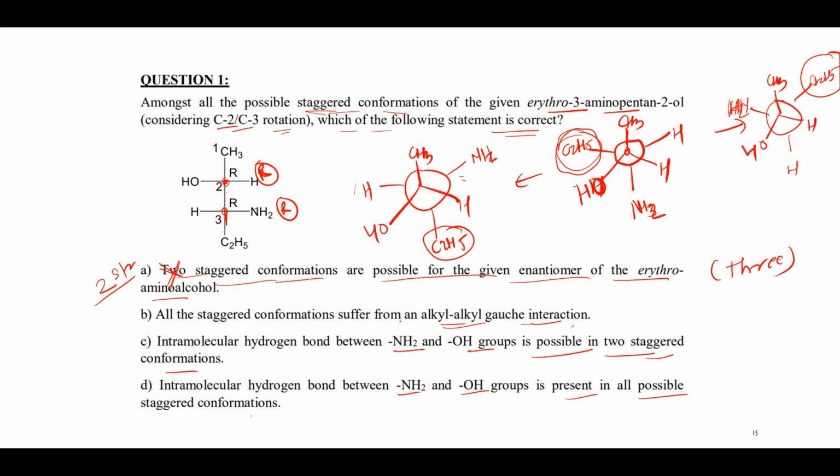All staggered conformations suffer from alkyl-alkyl gauche interaction. So alkyl-alkyl gauche interaction means, here, which are the alkyl groups? This C2H5 and this CH3.